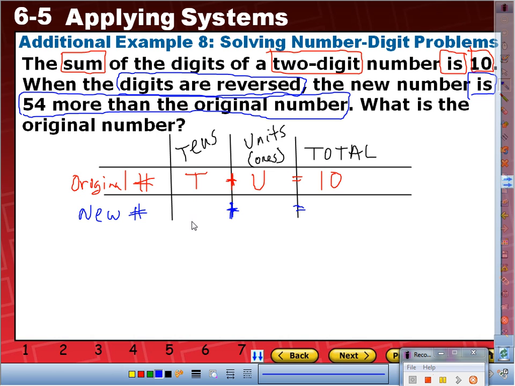So how can we make it so that we know that it's in the tens digit? 10U. Because it says that the digits are reversed. So this one we know by looking at it is already tens. Are we there? You see how we reverse them? Yes. Because the units, we're placing it in the tens digit.